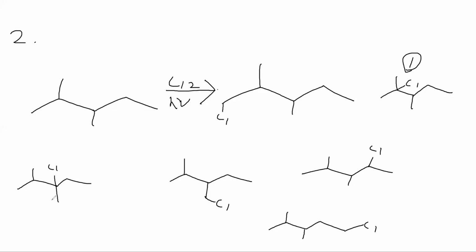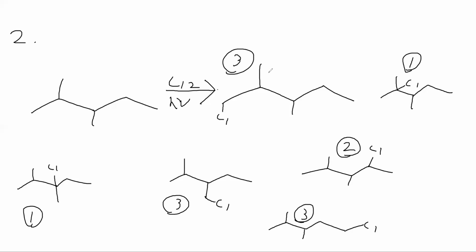I'm just going to go ahead and label these though. It's a radical mechanism. We're using light H nu, so it's a radical mechanism. You also said that in the question.